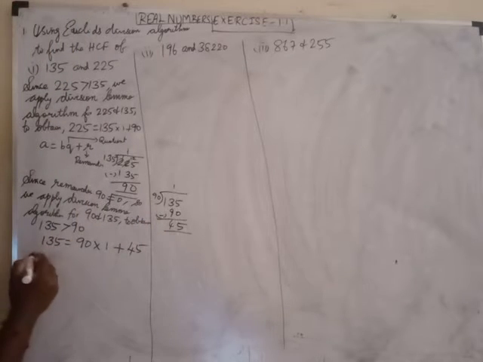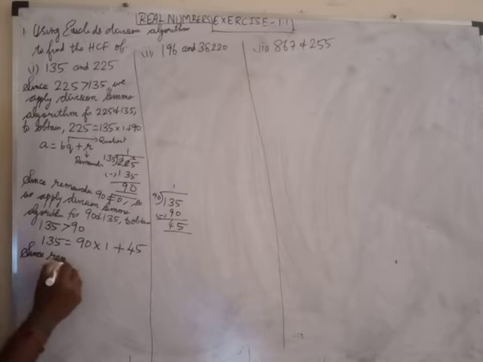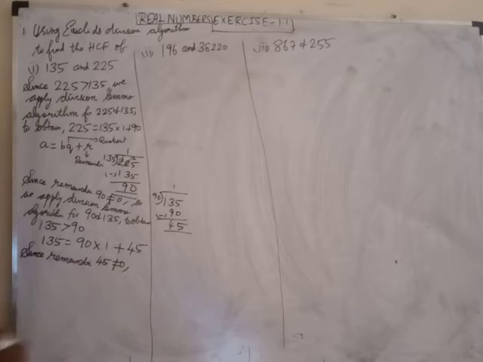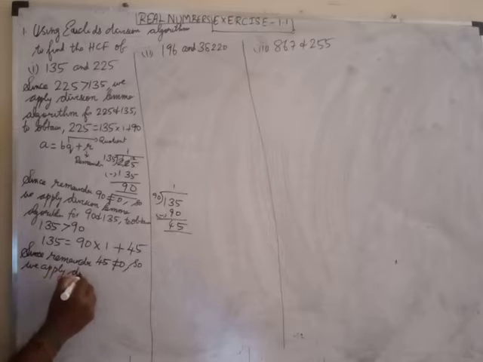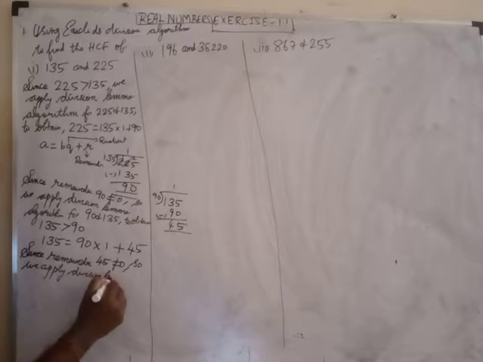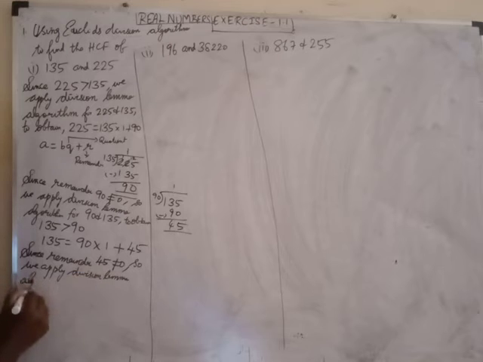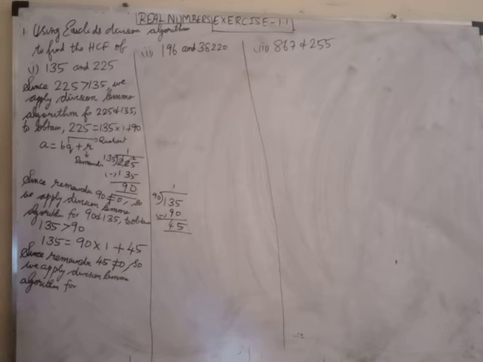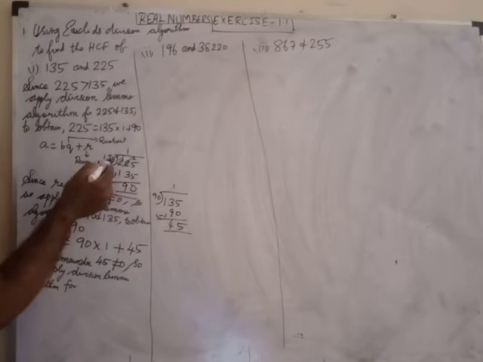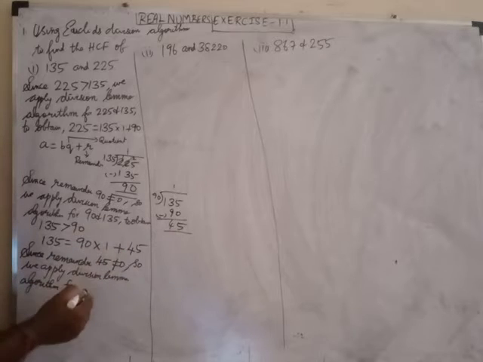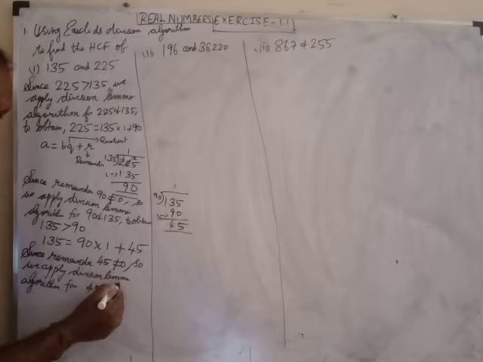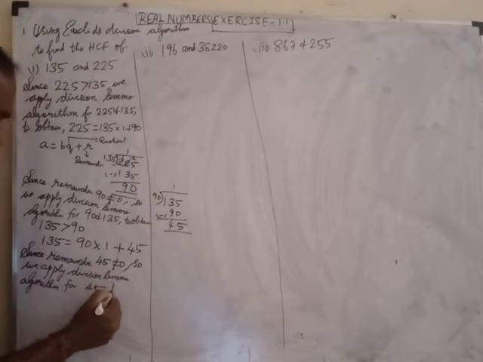Next, since the remainder 45 is not equal to 0, we apply the division lemma algorithm. For which numbers do we need to put it? Here we did 90 and 135. Here we put 45 and 90.